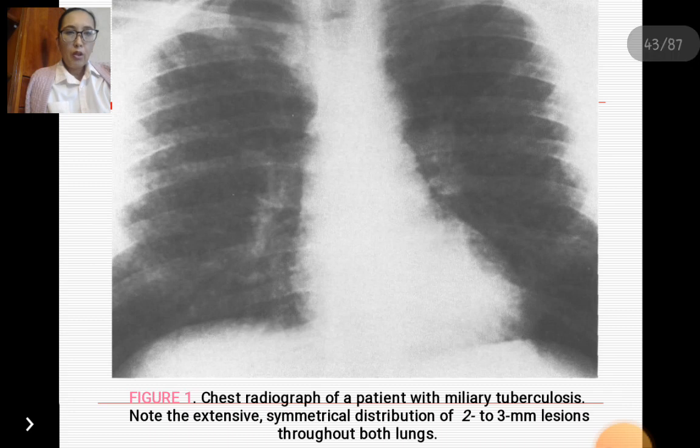Here you can see a chest radiograph of a patient with miliary tuberculosis, showing an intensive, symmetrical distribution of 2 to 3 millimeter lesions throughout both lungs.